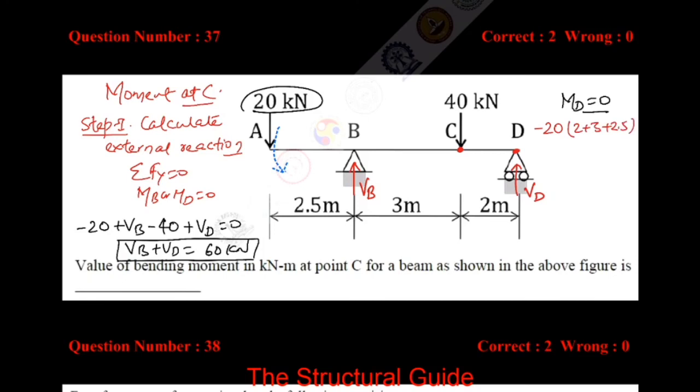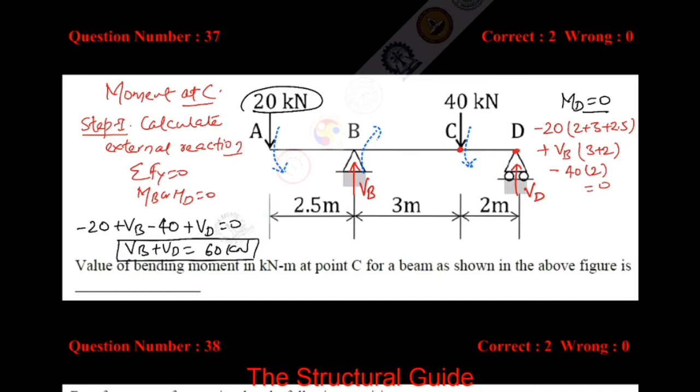VB will produce moment about D in the clockwise direction, so plus VB into 3 plus 2. The 40 kilonewton will produce moment in the anti-clockwise direction, so minus 40 into 2 equals 0.